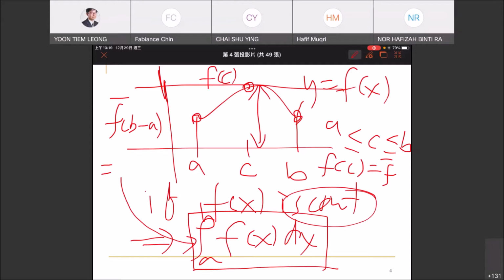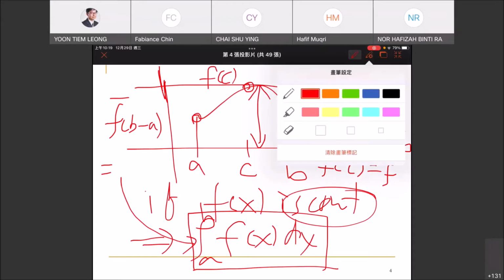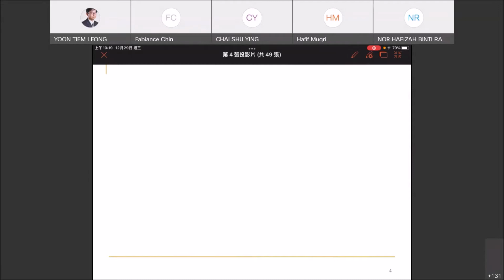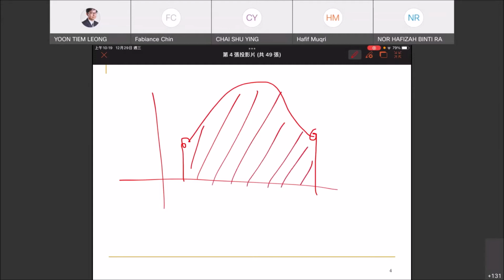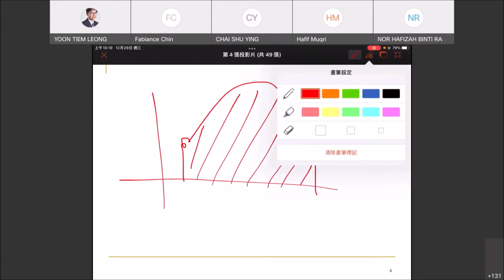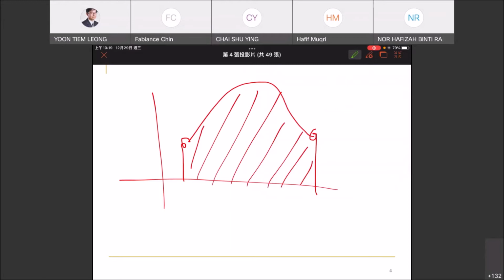So in other words, if you have an average of the function that is guaranteed to exist, then you can imagine it to be like this kind of situation. This represents the area under the curve of the function. Then use green color to represent the average. Say for example here, this is a value of c, this is a, this is b.